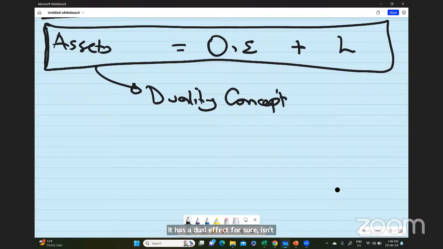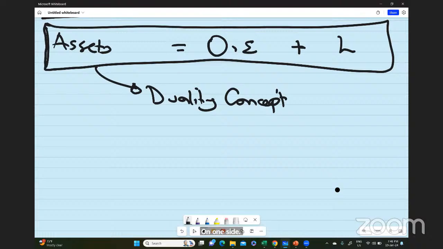What is the dual effect there? We are having some money in cash form and we are translating it into bank. So the dual effect is that we are having bank and we are having cash. But if you look at bank and cash, all of them are economic resources. They are on one side. Meaning the dual effect is going to be felt only on one side.